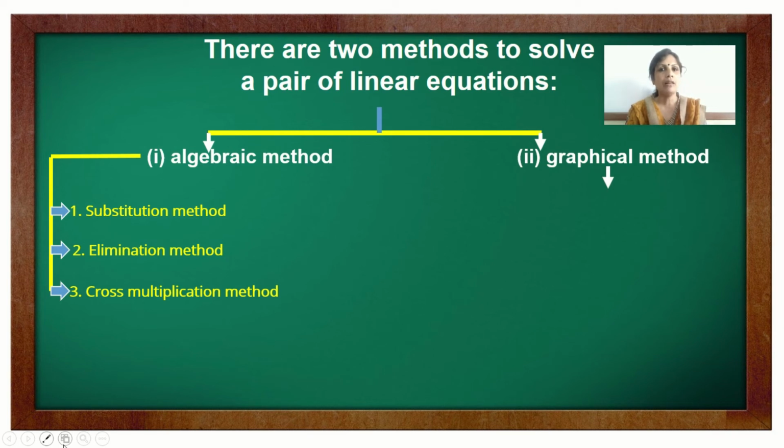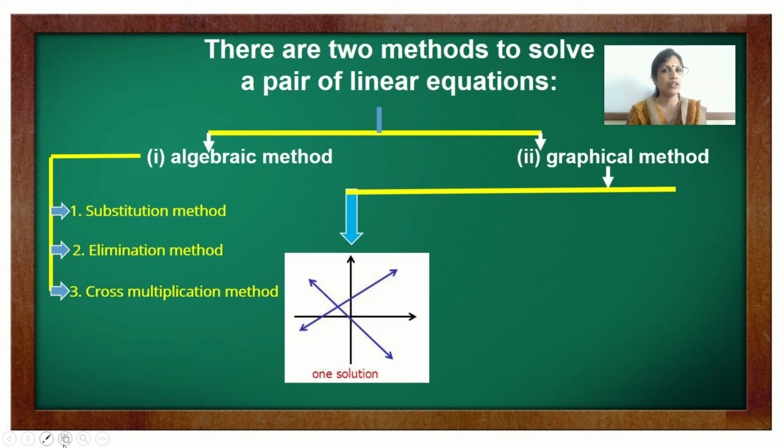Now in the graphical method, when you are given linear equations in two variables and you have to draw the graph for those equations, looking at the graph we can make out that if the two lines intersect each other, then the pair of linear equations will have only one solution.